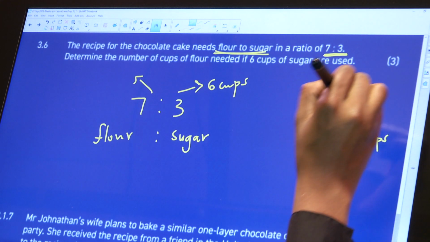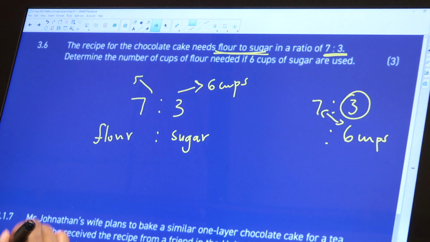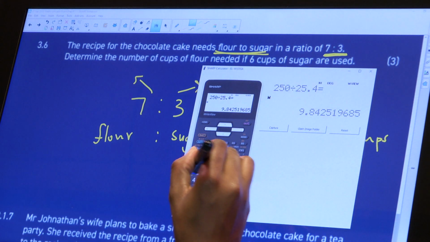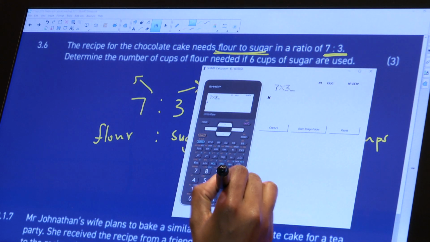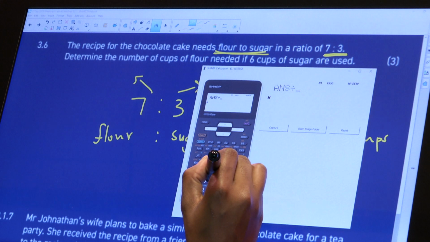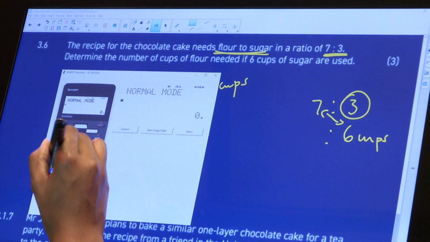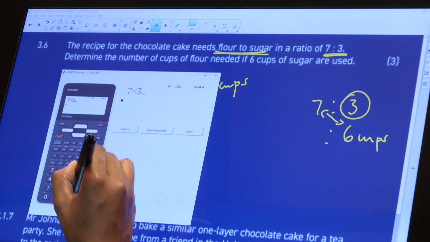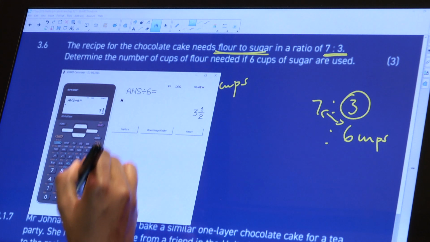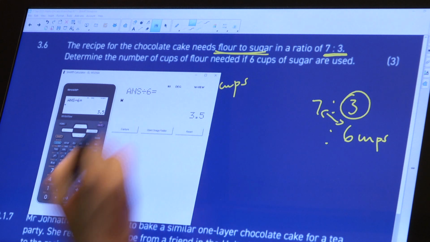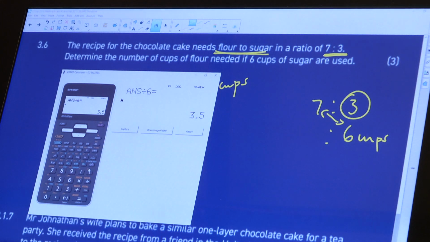So cross multiplication, divide, 7 times 6. Oops, what am I doing? 7 times 3 divided by 6, and that's 3.5 cups. Okay, so this is actually not going to be correct.